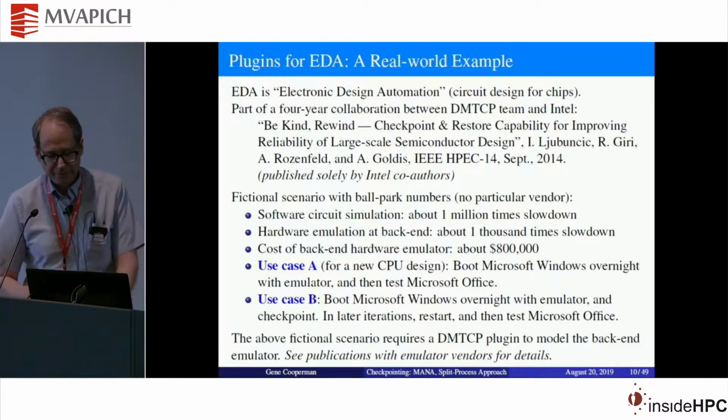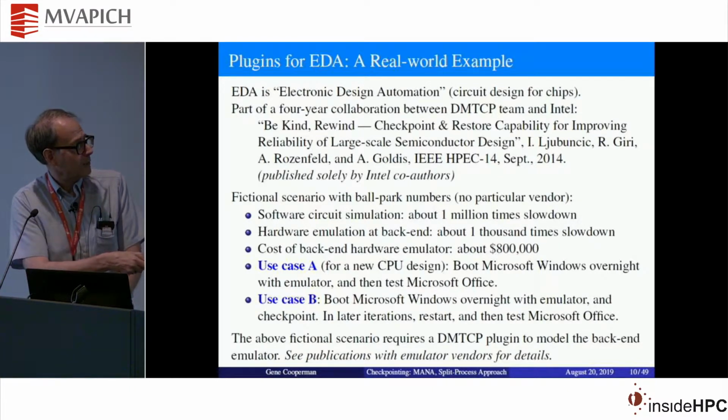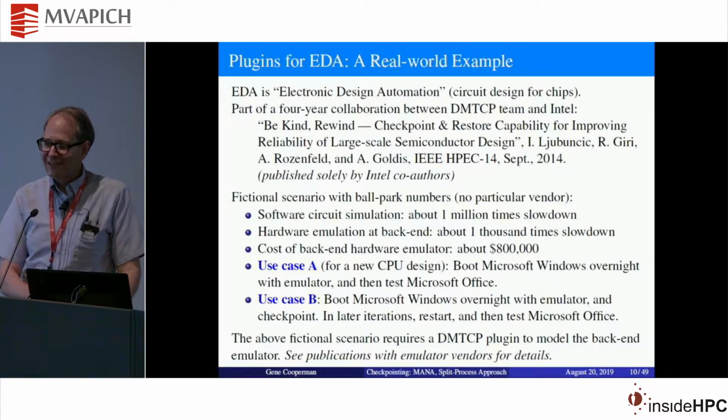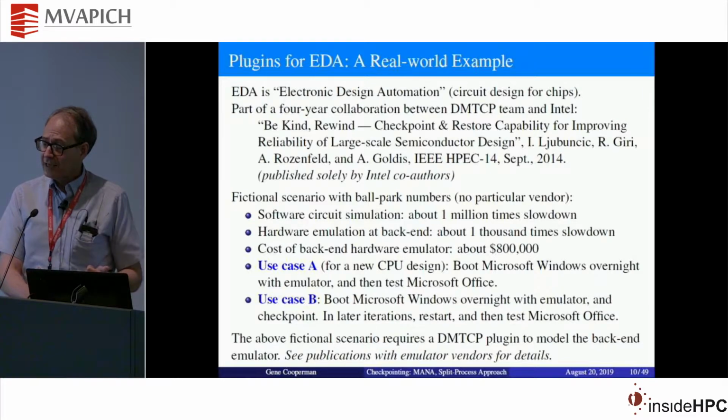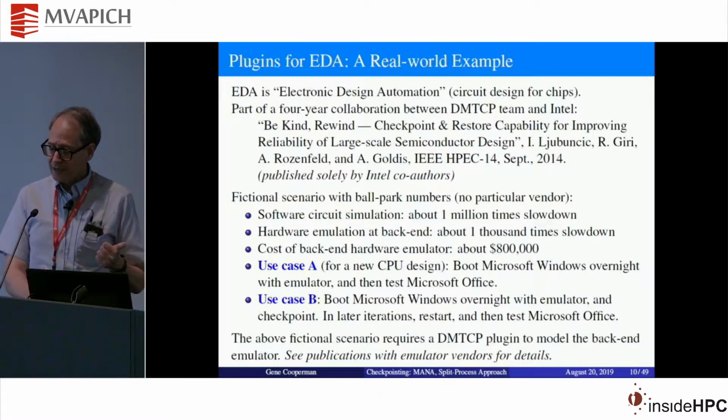one by one. So this is now possible because we have designed a plugin, and now there's a three-way cooperation between Intel and the vendor of a hardware emulator and us. The Intel software, of course, is highly proprietary. They will not share it with the vendor or with us.